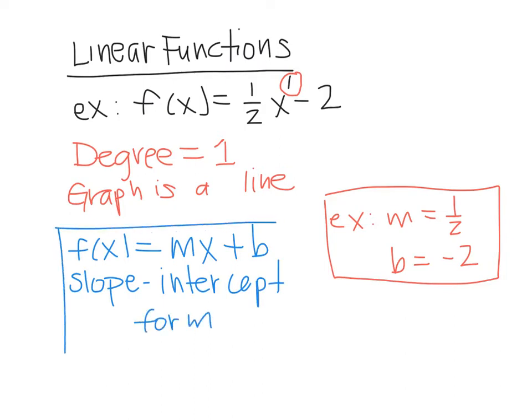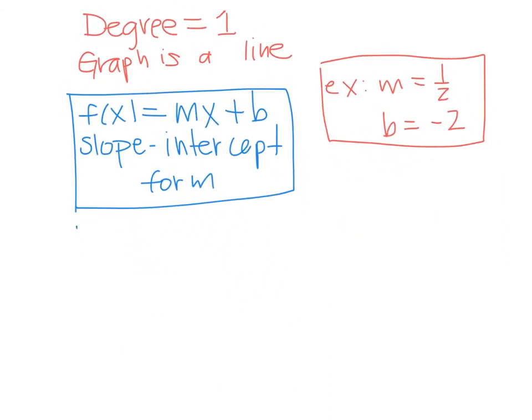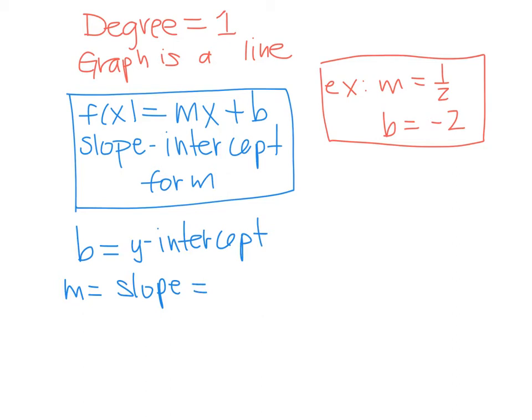So now let's talk a little bit about what slope and intercept are. b is the y-intercept, so that's going to be where the graph of the line crosses the y-axis. And m is equal to the slope. Think about a definition for slope.